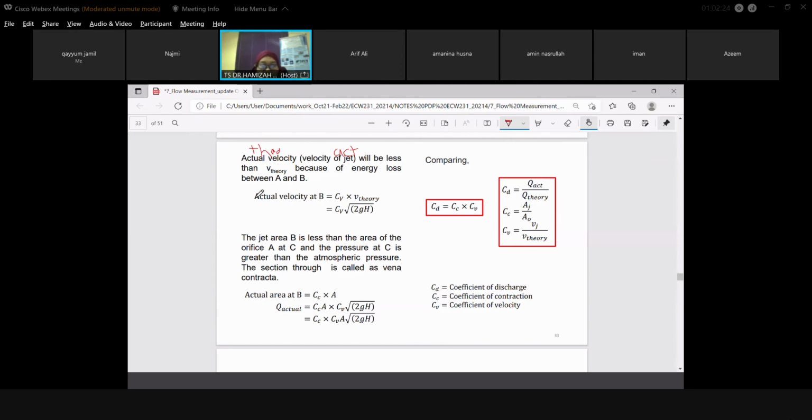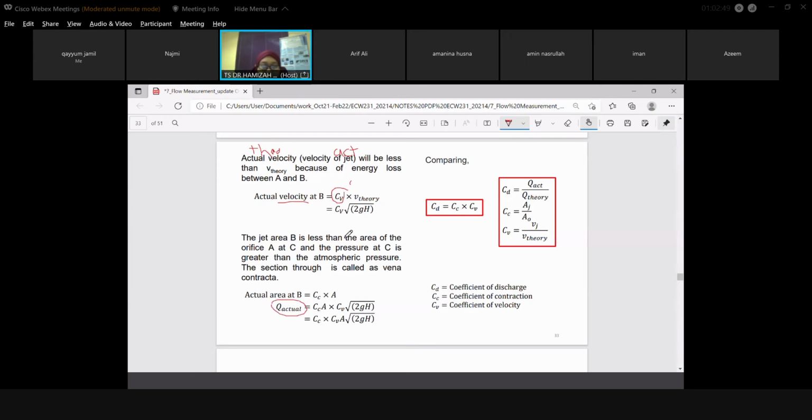Okay, so actual velocity must be at point B because it is at water jet. So it is CV darab dengan V theory. Okay, sebab dia velocity, so dia punya coefficient mestilah CV, tak bolehlah CD. Okay, CD is for discharge.